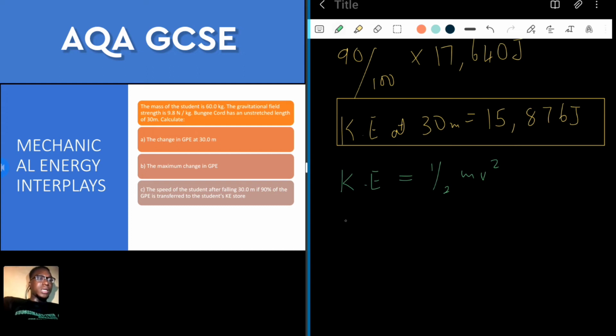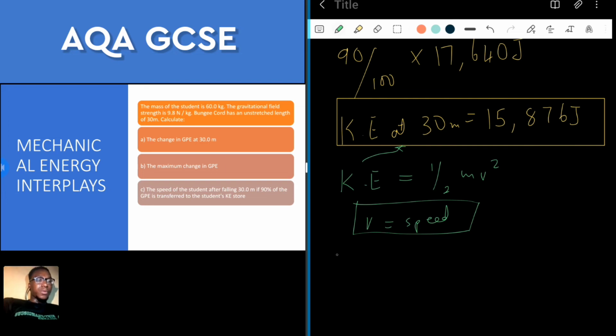Since v is the speed, you have to make v the subject. The m here stands for mass, the v stands for speed, velocity, the KE here stands for kinetic energy. So we've got the kinetic energy here as 15,876. We've got the mass as 60 kg, the mass of the student. So the only thing we need to get is the speed. In fact, that's what we want to get from the question.